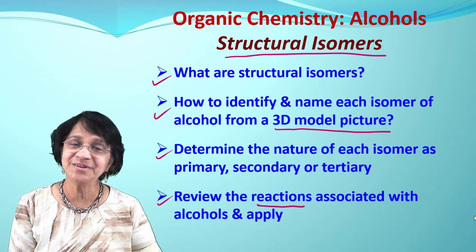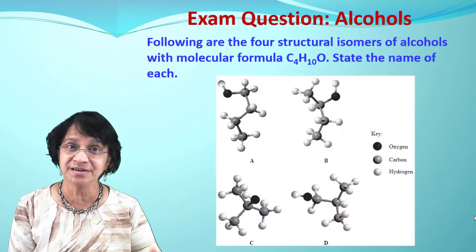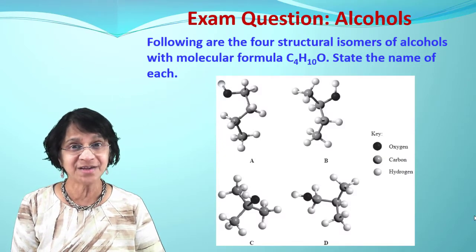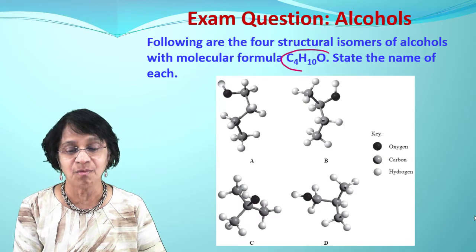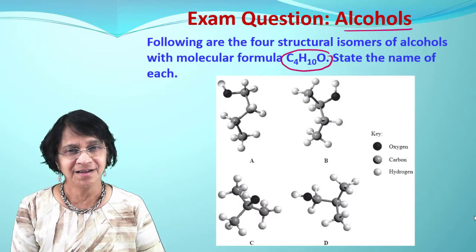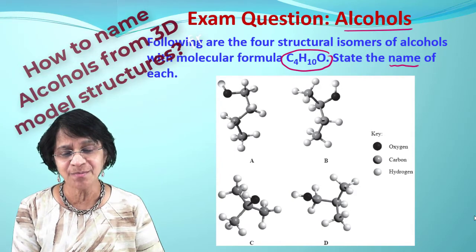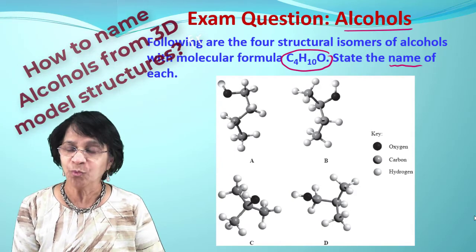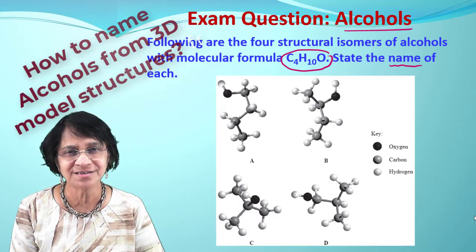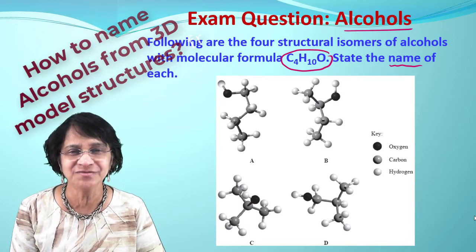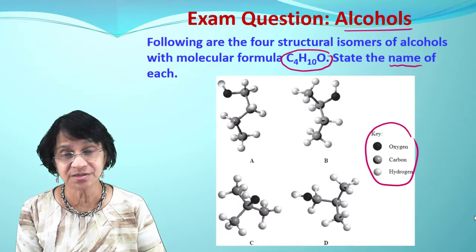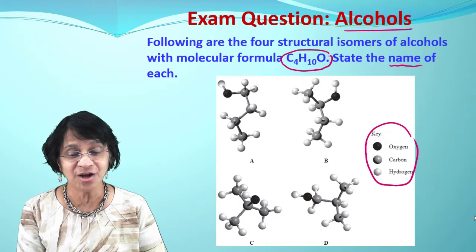So let's begin by taking a question from an exam. In this typical question, what is given to you? There is a molecular formula given, and we know of course it's an alcohol. We need to find out the name of each of the molecules. When there is a 3D structure given, sometimes it's hard to understand what the structure is, which is carbon, which is hydrogen. So just use the key which is given to you and write down the structure.